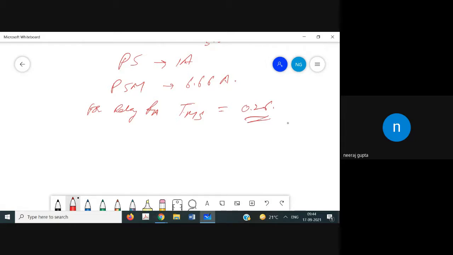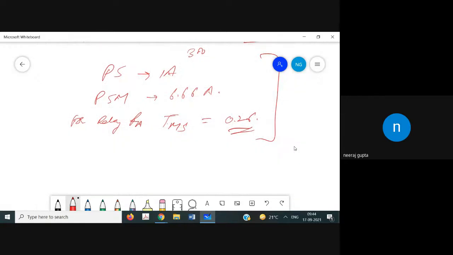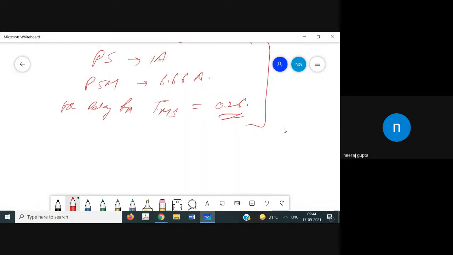Now, based on that, we can find the operating time of RA for the minimum fault at bus B. All the particulars are with us, so we have to find TRA, for the minimum fault at B.